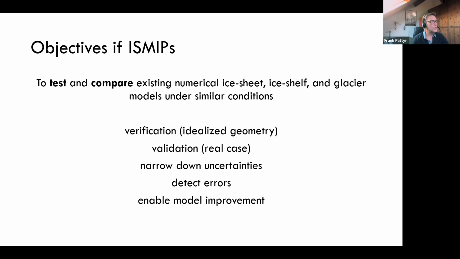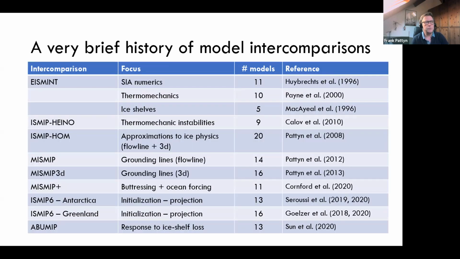Now, I'm going to show here a very brief history of model intercomparisons. These are not all the model intercomparisons. These are the ones that either I participated in, or that I led, or that I did the experiments for without participating. There are a number of others in which I did not participate, nor did I do the experiments.